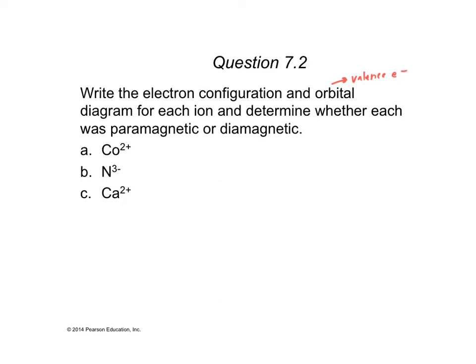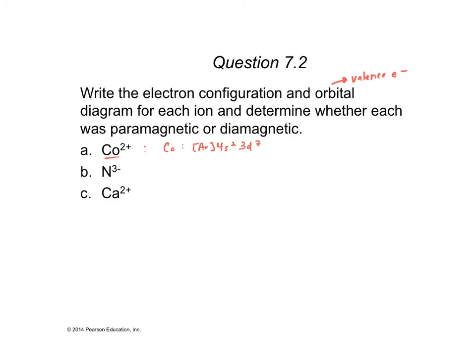Okay, so cobalt is number 1. We're going to write out the electron configuration for the cobalt 2+ ion. So really quickly, I'm going to write out the electron configuration for neutral cobalt by itself, with no ion formation. Cobalt by itself is argon, then 4s2, 3d7.